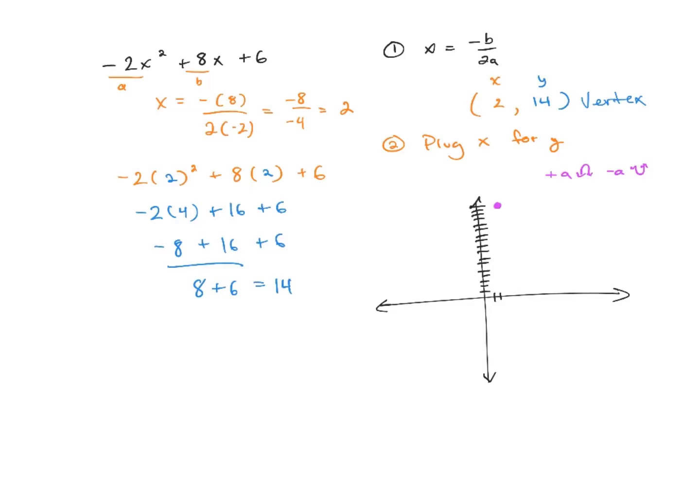So I'm going to be drawing a parabola that is facing down, which gives me a relative max of y equals 14. It gives me an axis of symmetry at x equals 2.